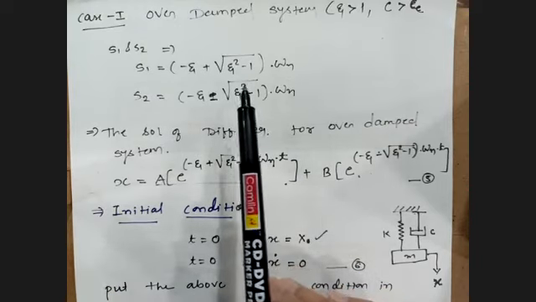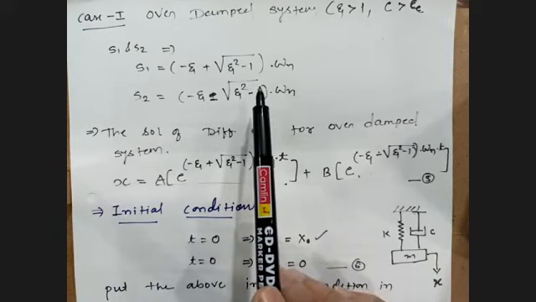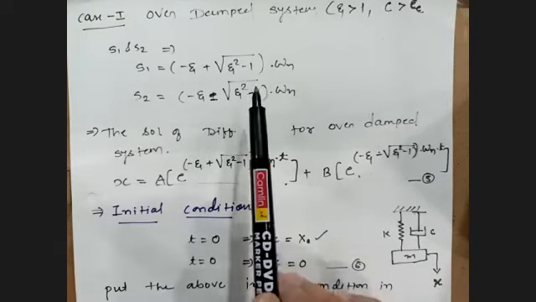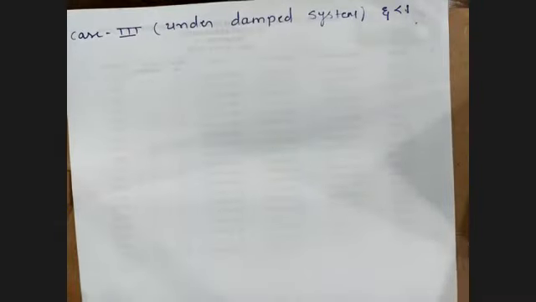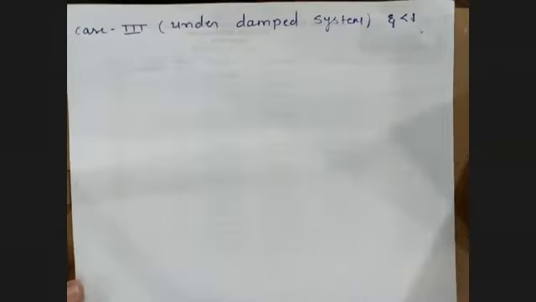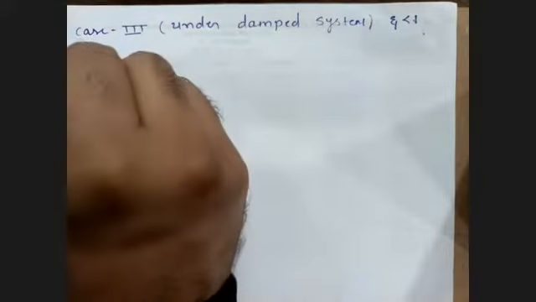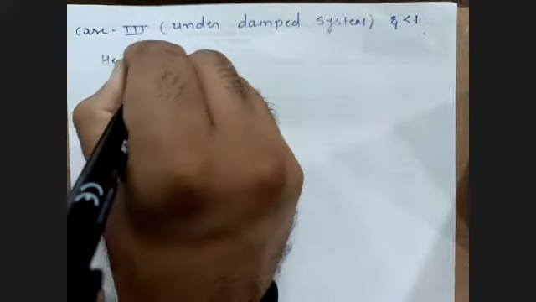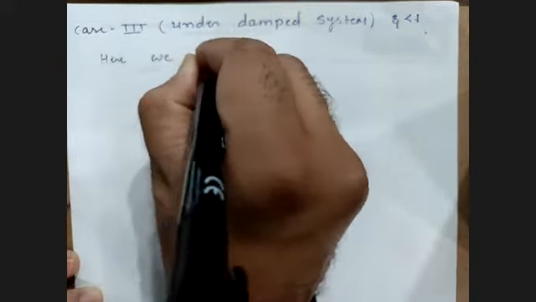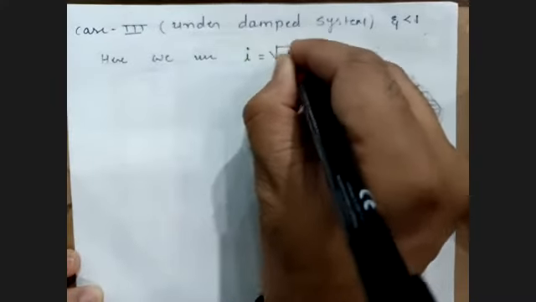So what can we do for this kind of case, right? For that, we need to use some imaginary value. So here, if you consider zeta less than 1, we are finding roots having some imaginary values. Here we use i, which is your imaginary value, which is nothing but the square root of minus 1.